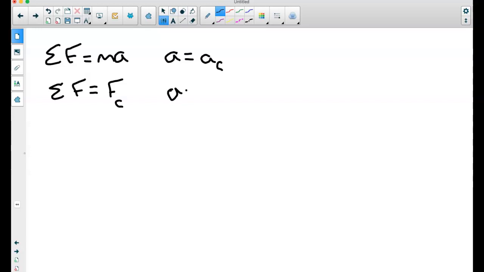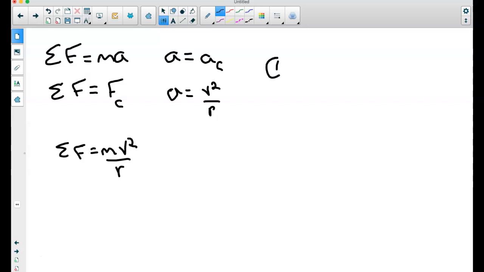So my acceleration equals v squared over r. So now I'm going to go back to Newton's second law, and instead of acceleration, I'm going to put v squared over r, which is consistent with the results we got in the lab. We have that direct relationship with mass, we have a quadratic relationship with velocity, and an inverse relationship with radius.